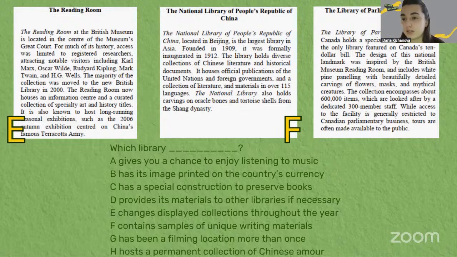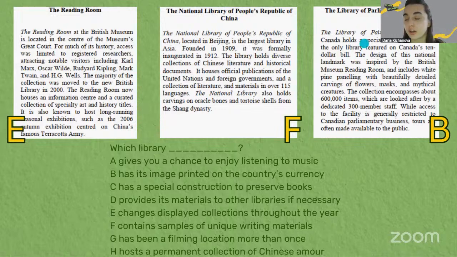And the last text about libraries. This is the text about the Library of Parliament in Ottawa. Okay. So the Library of Ottawa is B. I can see somebody answered already.